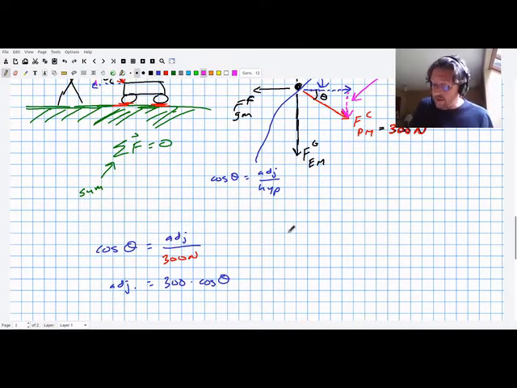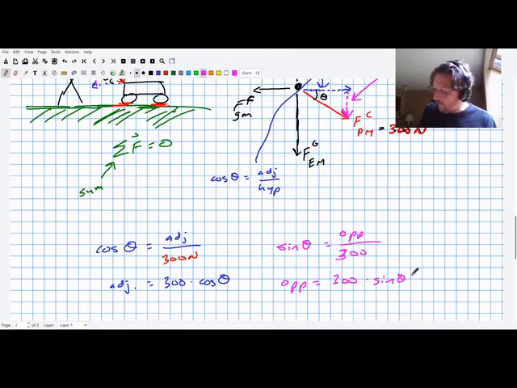And same thing for the vertical one. The vertical side is equal to 300 times the sine of the angle. And sorry, that 3 got messy there.